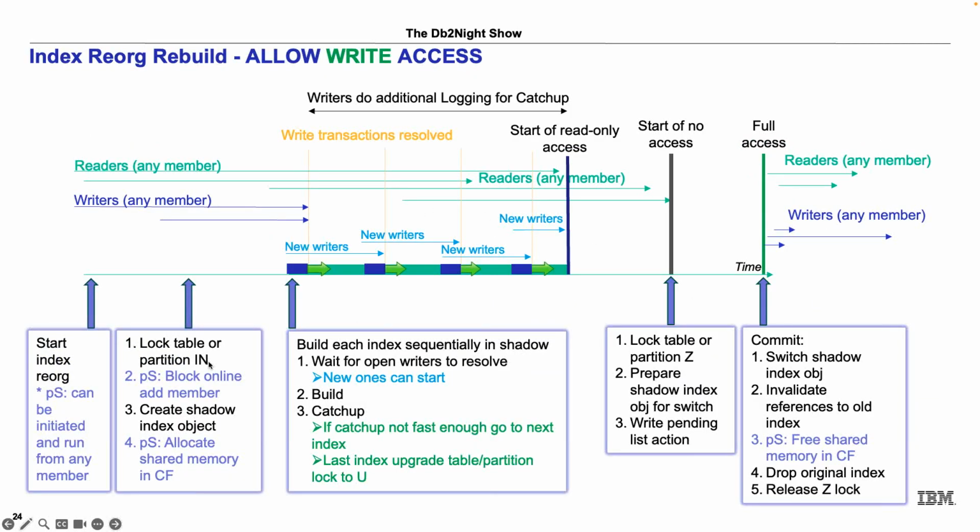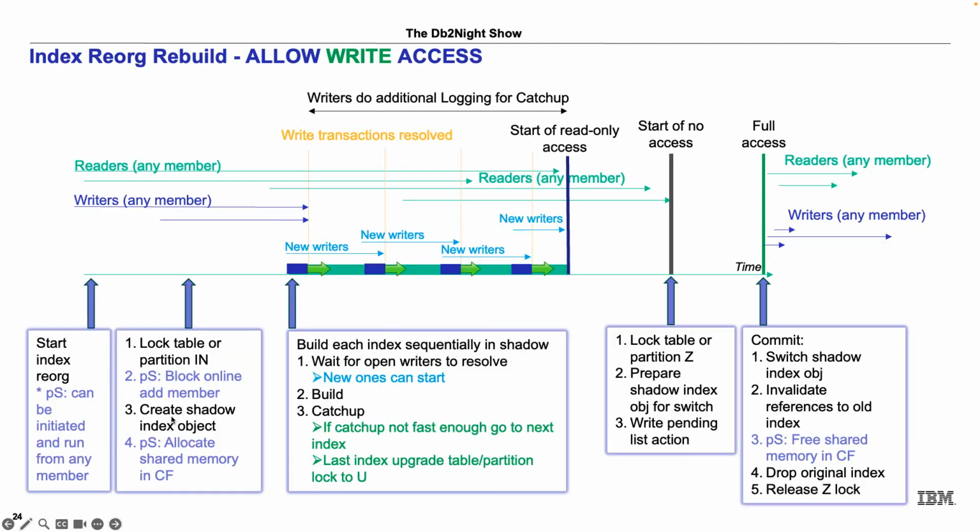And it begins by locking the table or partition in IN mode, so different than before. Before it was U mode, so nobody could do writes, right? But if you lock it in IN mode, you allow writes. Then next will block online and member, which for pureScale we don't support online and member for this feature.